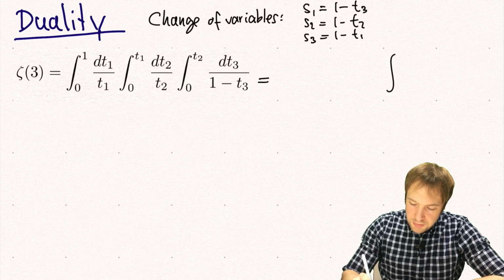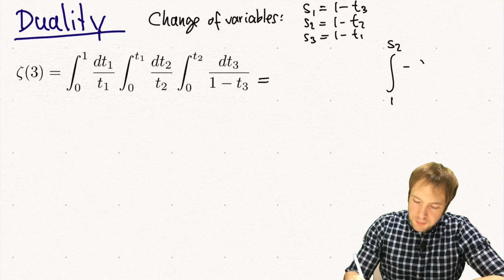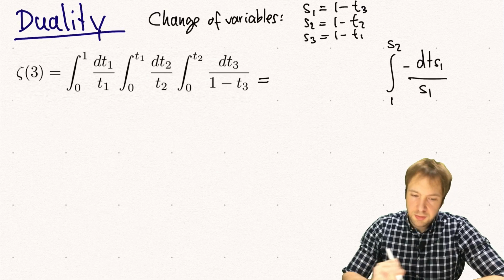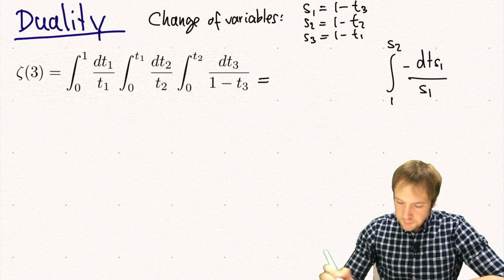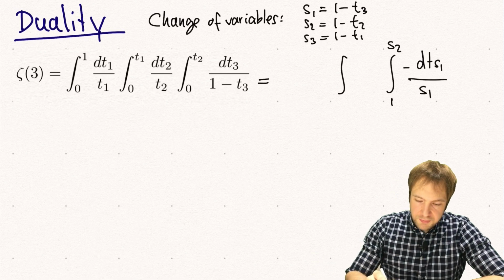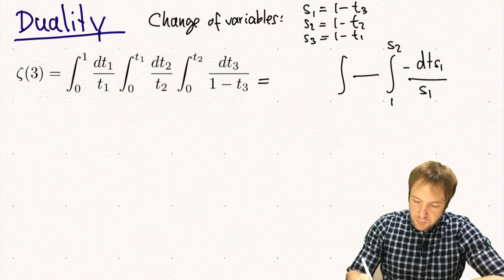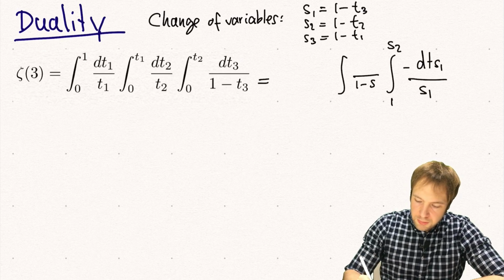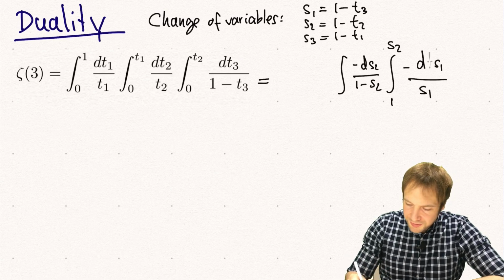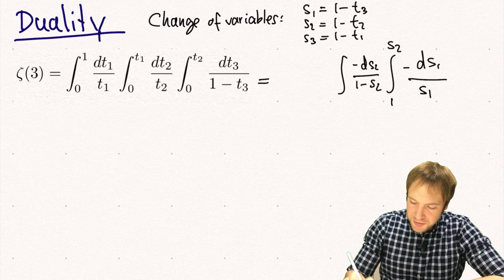So this integral here will be from 1 to S2 of minus ds1 over S1. And similarly, we see that this integral here, dt2 goes to 1 over 1 minus S2. Here we have minus ds2. Of course, this one here is ds1.